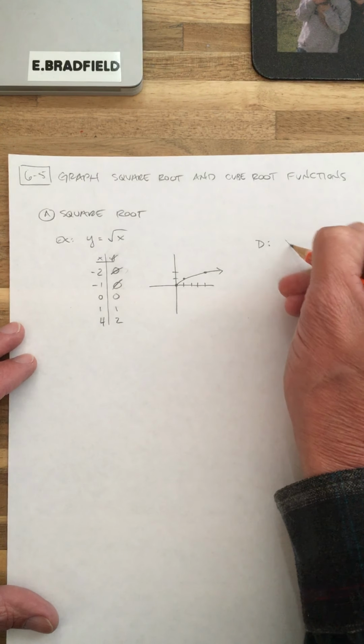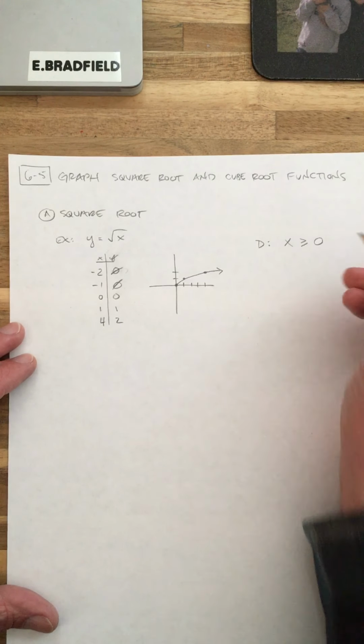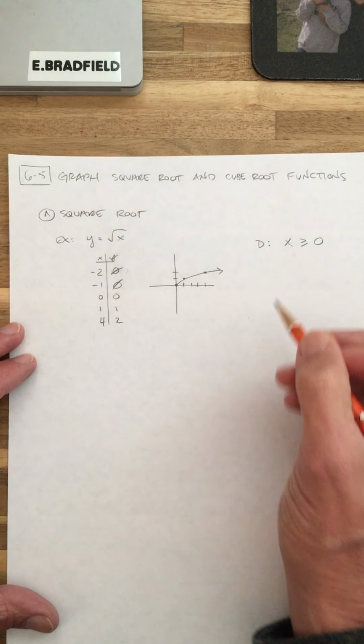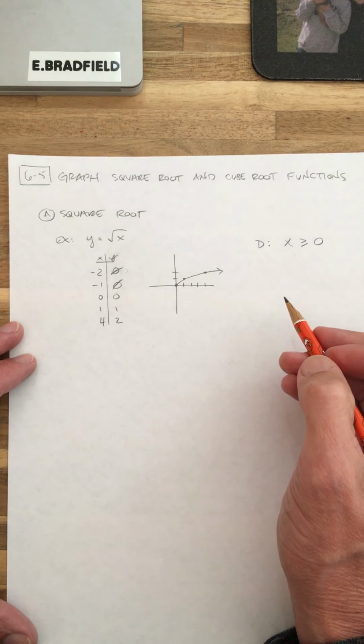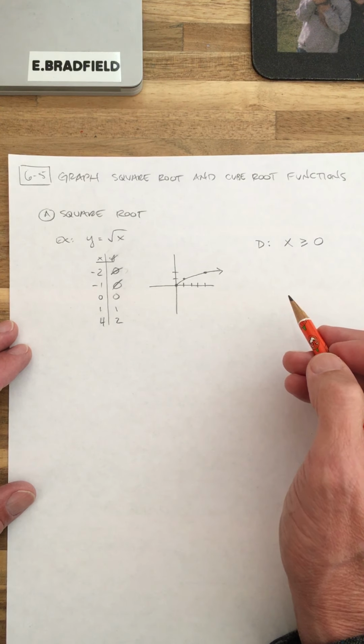So you can just say that x has got to be greater than or equal to 0. You can plug in any number that's greater than or equal to 0, and that's your domain. What can you not plug in? You cannot plug in negative numbers. So you could say that x cannot be less than 0.